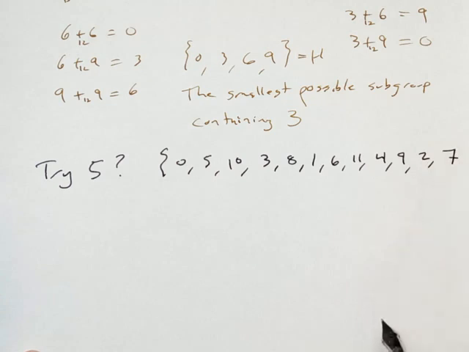Gives me 0. Elements, didn't I? Smallest possible subgroup is all of Z12.